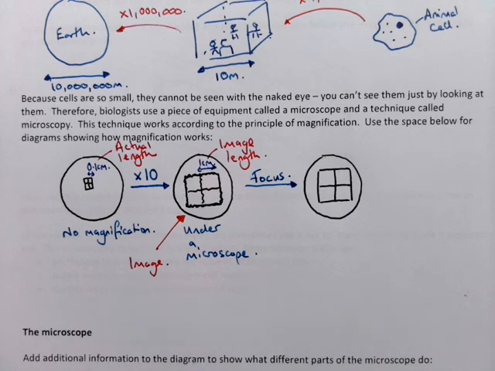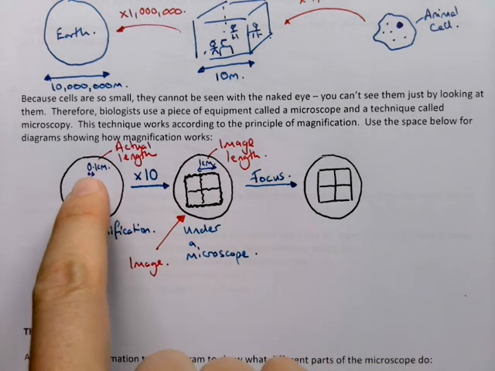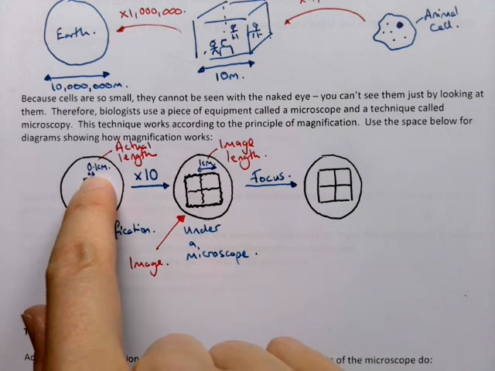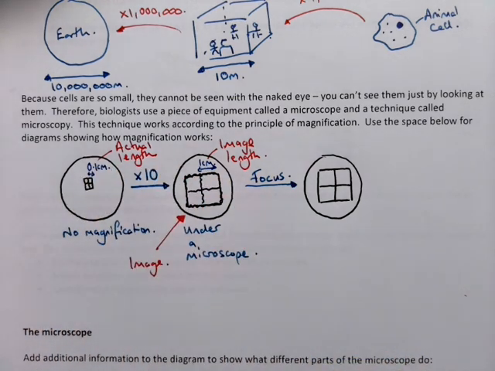So I focused the image, and that makes it nice and clear. That's going to be important in a little bit when we talk about the microscope, and also next year when you use a microscope, you need to really understand what you're doing. The other important thing is to remember that if we talk about a times 10 magnification, I've got 0.1 to 1.